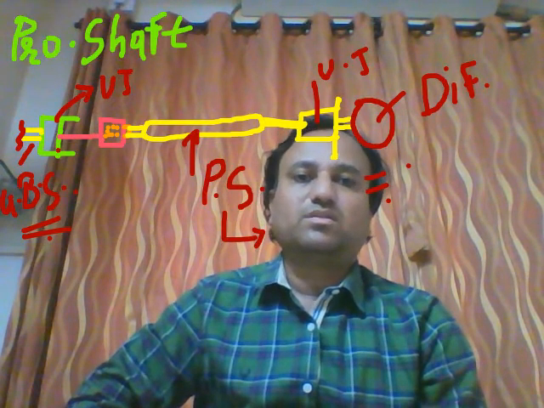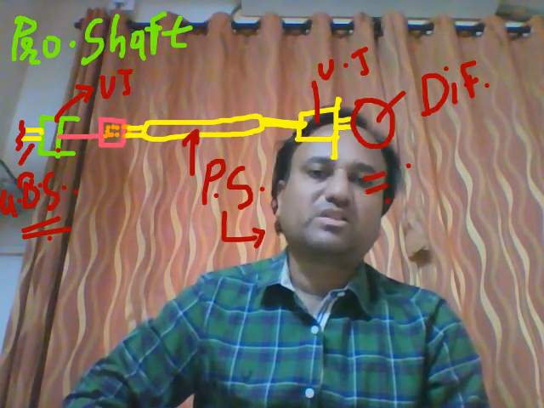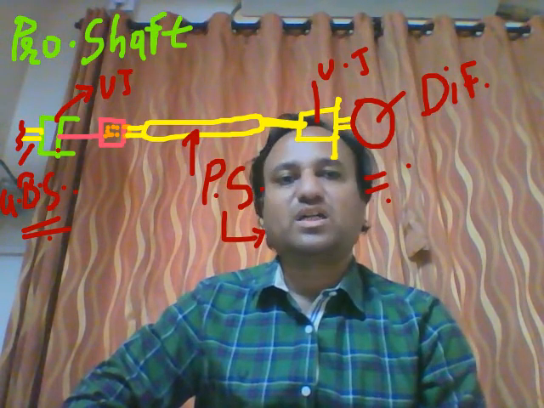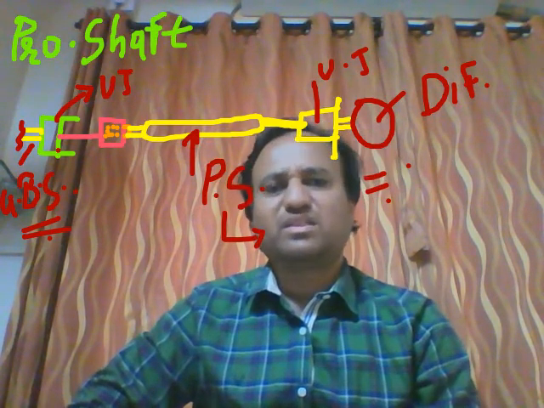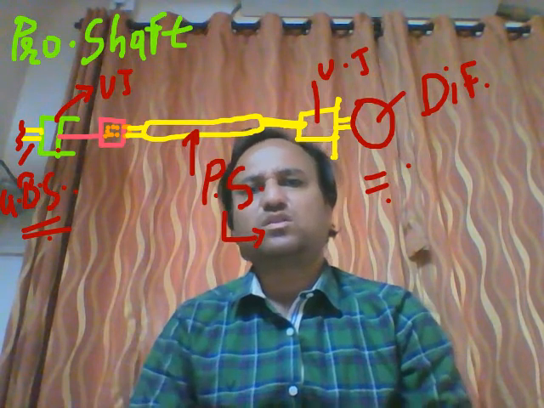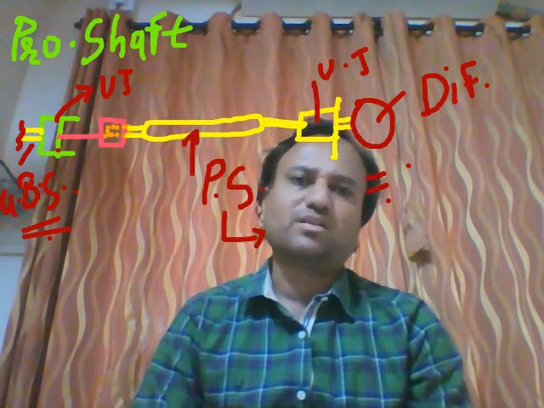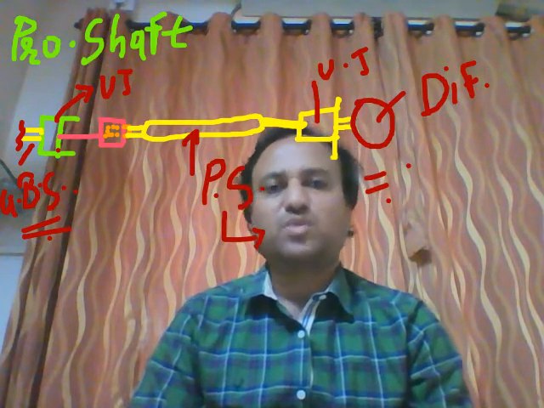As far as heavy duty vehicles or cargo vehicles are concerned, the distance between transmission and rear axle is more. So instead of using a single propeller shaft, it is better to adopt more than one propeller shaft.